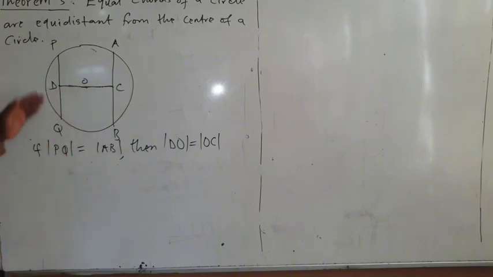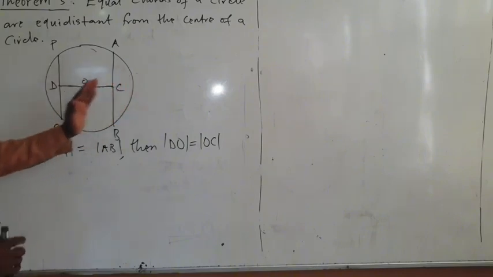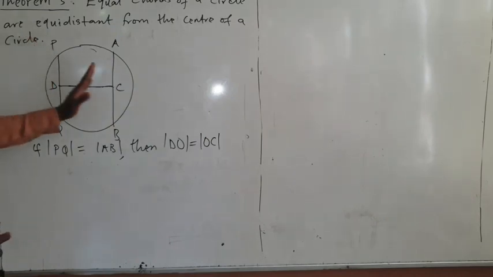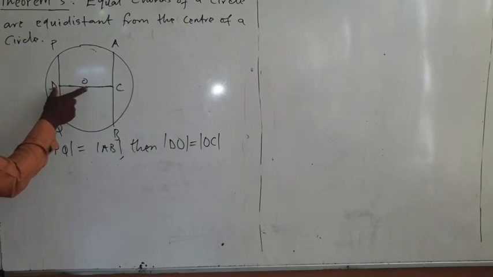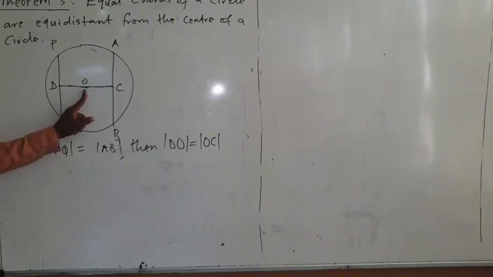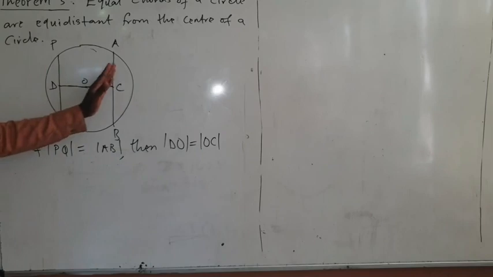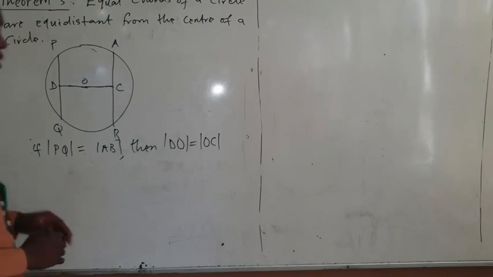But if we assume we have two chords of different lengths, then distance OD will not be equal to distance OC. That's just the summary of the theorem. For us to have equal distance from the center, chord AB must equal chord PQ. So that's just the simple explanation of theorem 3.